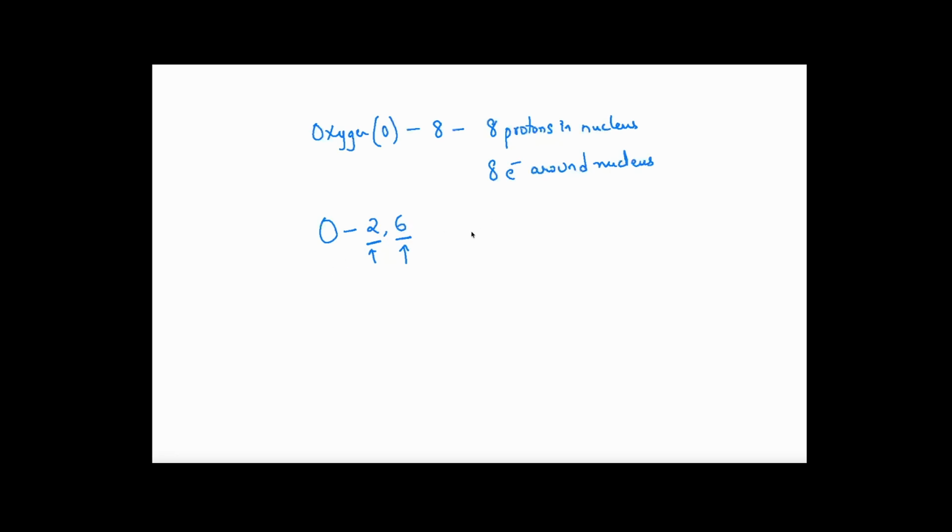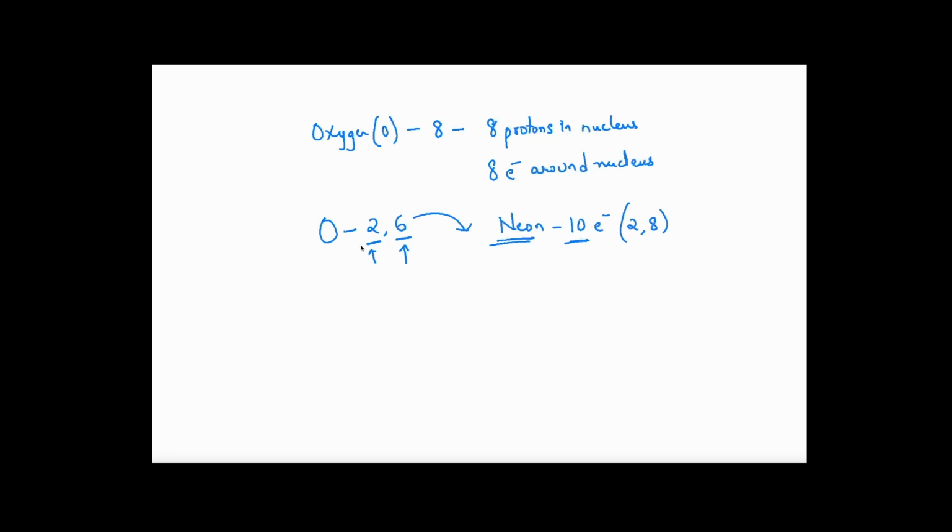Now, as we discussed earlier, neon is the nearest noble gas for oxygen, and neon has a total of 10 electrons. Its electronic configuration is 2, 8. Now oxygen has 2 electrons less than the nearest noble gas element, which is neon.